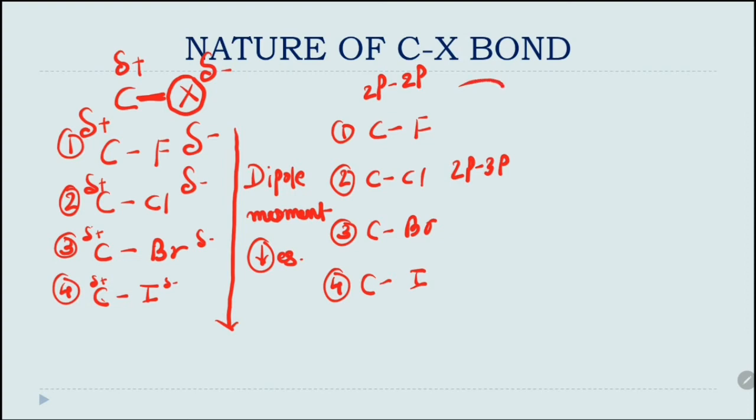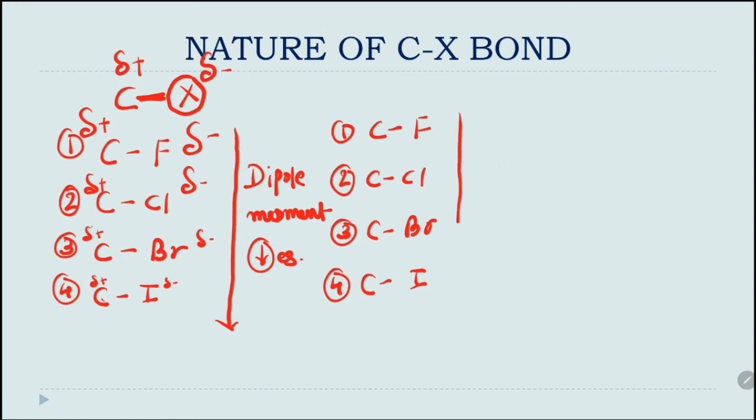So the 2p overlapping will be stronger compared to 3p overlapping, and in bromine it will be 4p overlapping, and in iodine it will be 5p overlapping. That means the 3p orbital is larger, and so on. On moving up to down, the size of the orbitals increases and the larger orbital will form a weaker bond. That means the carbon fluorine bond is the strongest one.